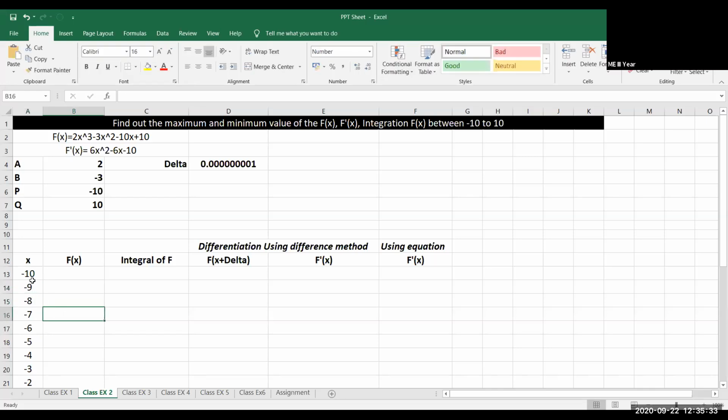Here we are taking one interval. So minus 10, minus 9, what value will we get? 1, no? You can see here. Minus 10 minus of minus 9.